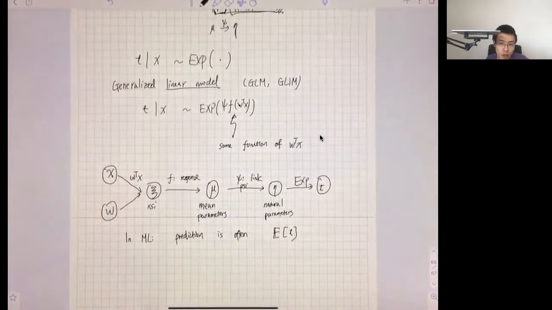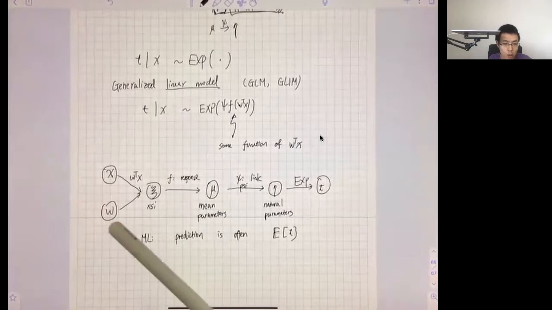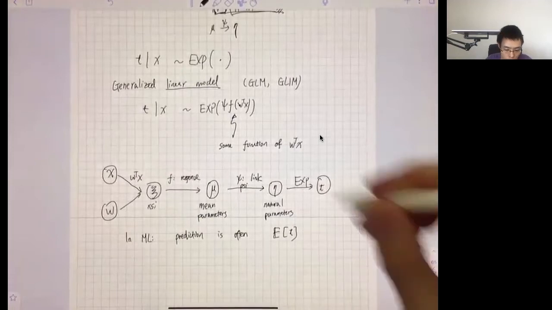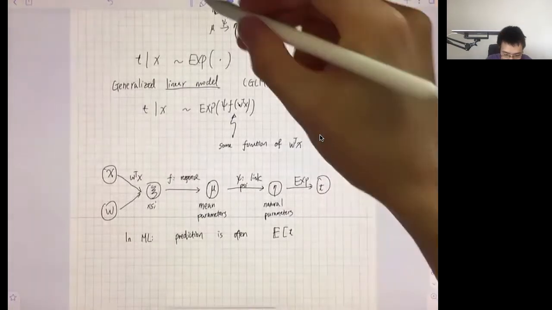And in the Bernoulli case, you consider the chance that the target is 1, or in the multinomial case, the softmax regression, you care about the chance that the target is indeed for this category, right? It's also the expectation. So in most machine learning models, the prediction is just the expectation of T given X.